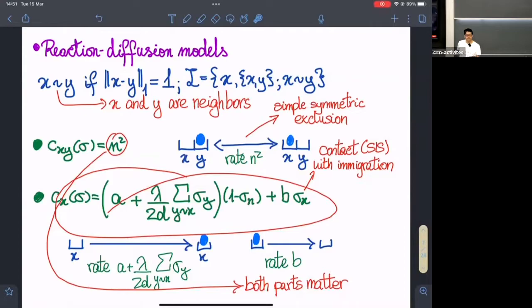This 1 minus sigma x means no particle at site x. So when there is no particle at site x, we are going to create a particle. That's what the flip does, with a rate proportional to the number of neighbors that are occupied. If we interpret these ones as infected individuals, that's exactly the contact process. You get infected with a rate proportional to the number of infected individuals in your surroundings, and then you recover with rate b.